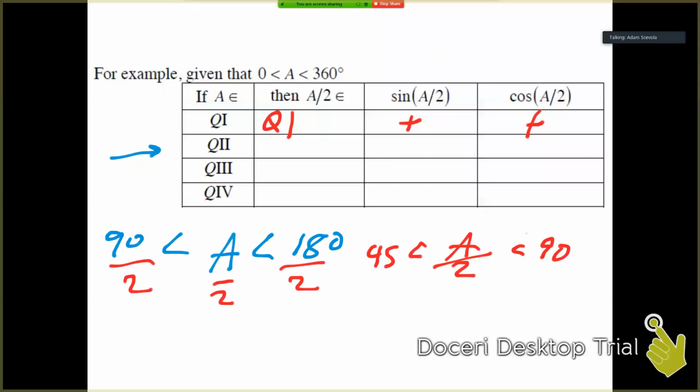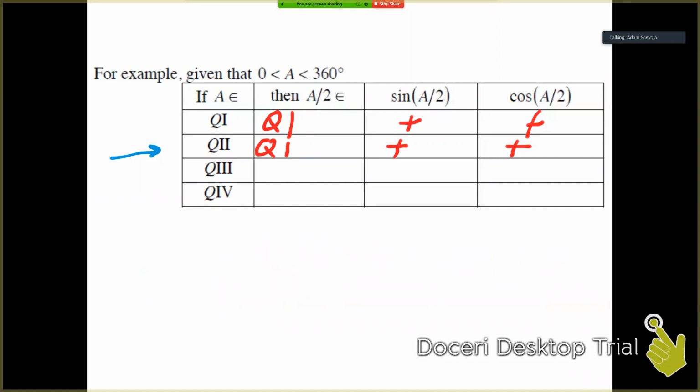So if A is in quadrant 2, half of A has to be in quadrant 1, because half of 90 and 180 is between 45 and 90, which is quadrant 1. So A over 2 would still be in quadrant 1, which makes sine positive and cosine still positive, because all trig functions are positive for angles in quadrant 1.